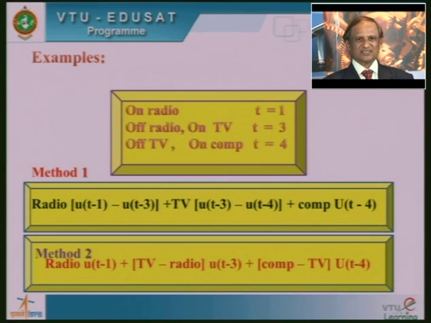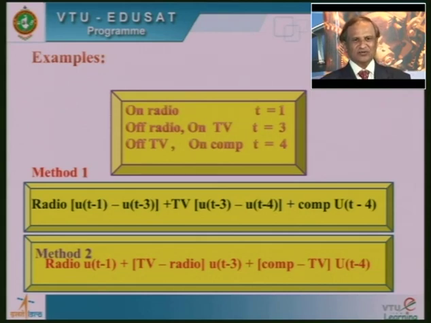Plus TV into u of t minus 3 means the television will be on at 3 o'clock, minus u of t minus 4 means at 4 o'clock the television will be off. It means we want to kill the television signal at t equals 4. Plus I want to switch on the computer at t equals 4. How do we write it? Computer u of t minus 4. So this is one method.